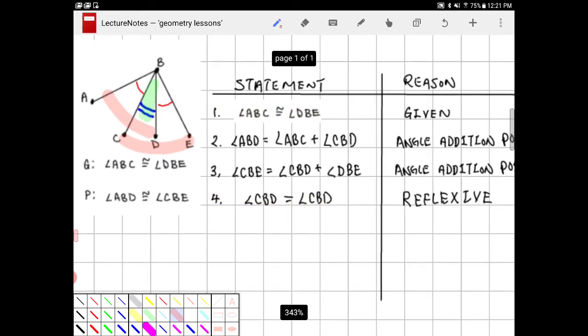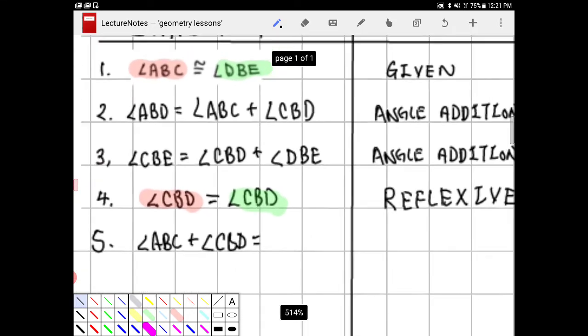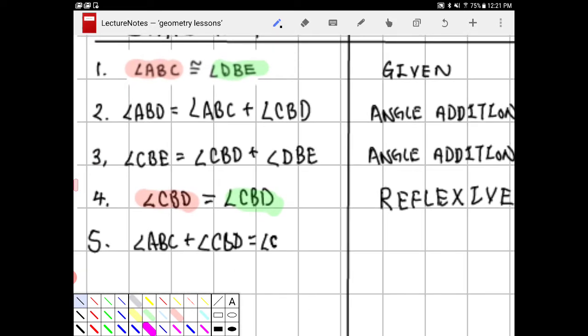Why? Because if I take ABC, which is on the left side of that equation, and CBD, which is on the left side of that equation, and add them together, and then do the same thing on the right side, adding the right side of that equation to the right side of this equation, I will end up with angle ABC plus angle CBD is equal to angle CBD plus DBE.